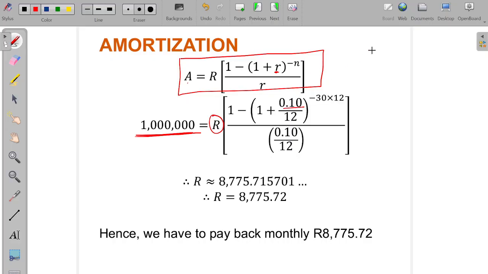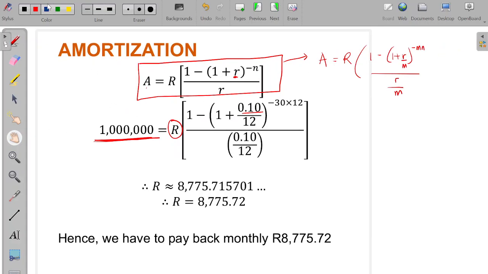Actually, the right formula to use is this one, with M times N in the exponent and r divided by M, because we are compounding monthly, so M is not 1.